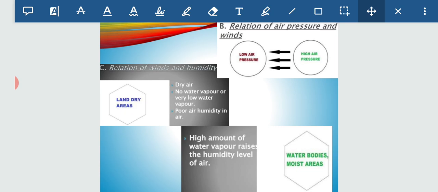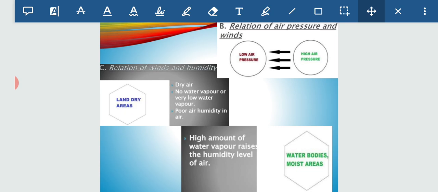Now we have two types of air, dry air and wet air. From your common sense, which air will exert more pressure? I think 99% of students will answer that wet air exerts more pressure.